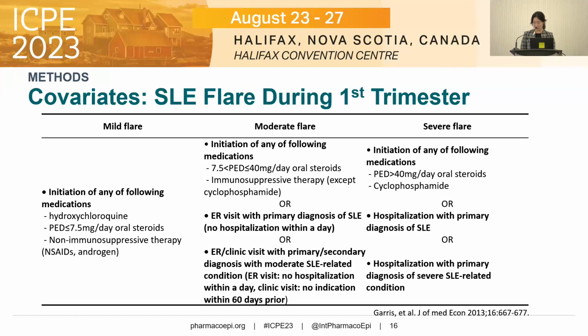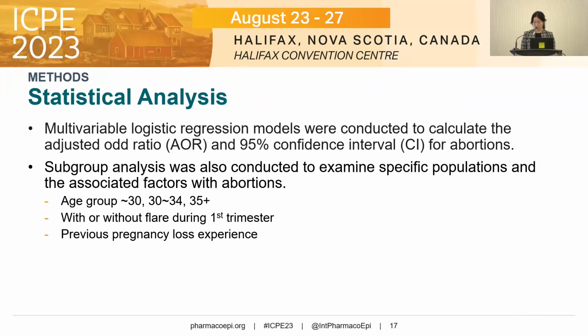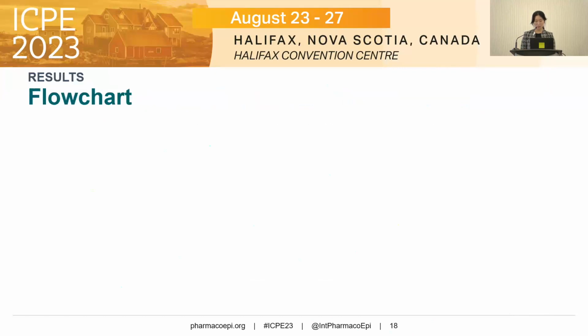Yet there is a possibility that disease activity before conception could not be completely captured with this definition. Multivariable logistic regression was conducted to observe the risk of abortion, and subgroup analysis with different groups was conducted.